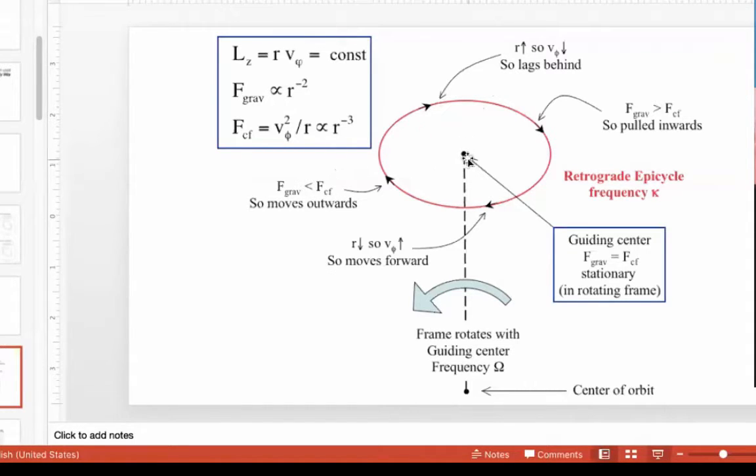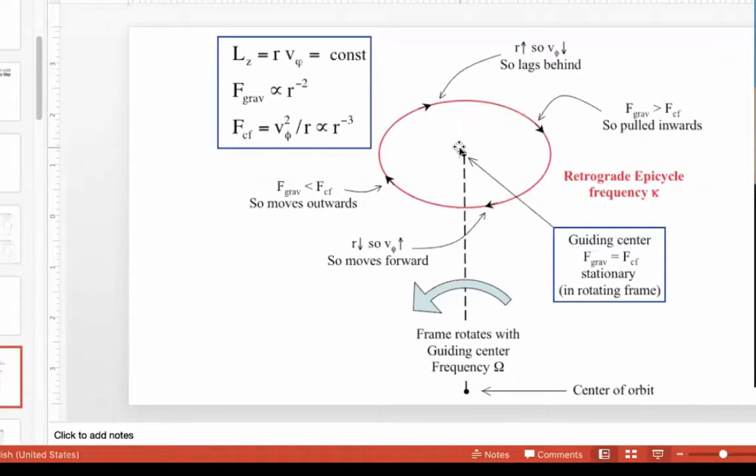See, everything's trying to go counterclockwise, but this thing is going to start falling behind the guiding center, so it's going to move clockwise. It's a retrograde epicycle. By the way, I think that's a difference from Ptolemy. He had prograde epicycles.